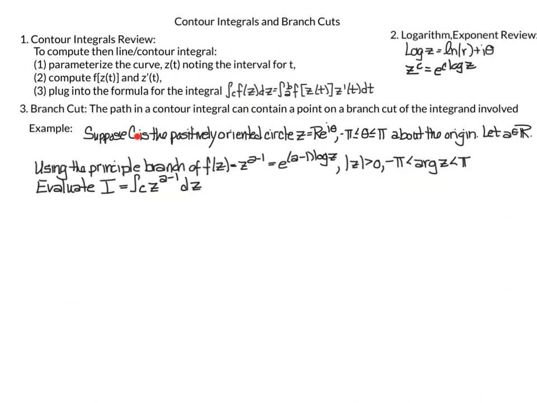The example is, suppose C is the positively oriented circle z equals r e to the i theta, theta between negative pi and pi, about the origin. Let a be a real number.